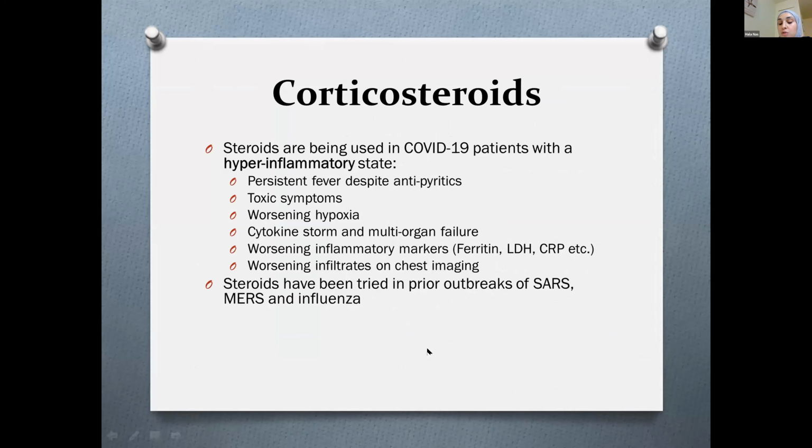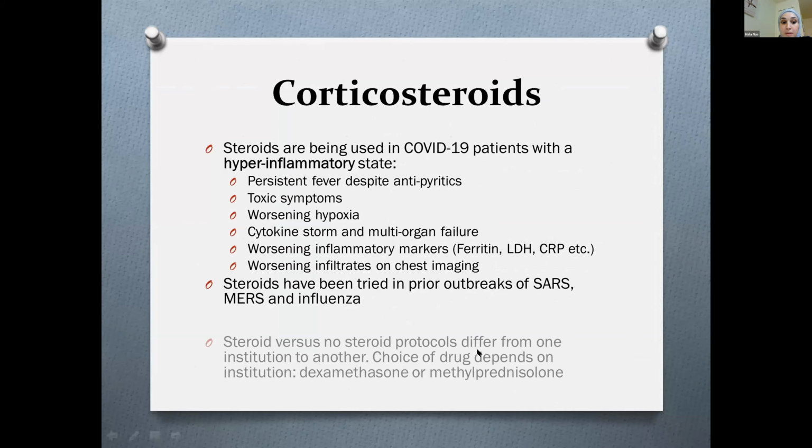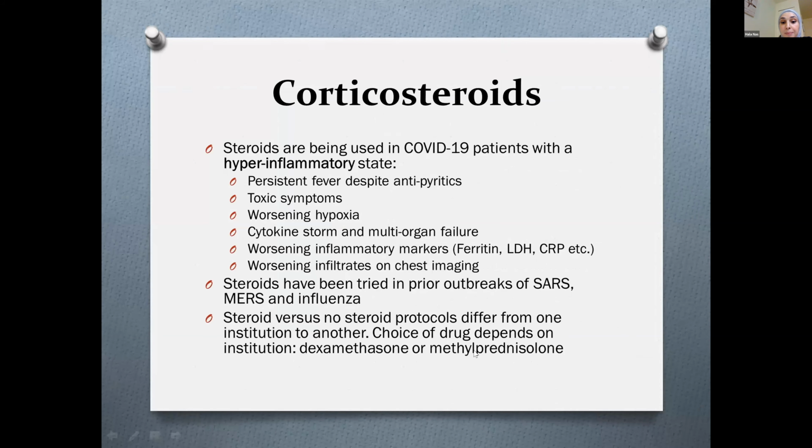So steroids have been tried in prior outbreaks of coronaviruses like SARS and MERS, and have even been tried in influenza, and we'll talk about that later. It differs between institutions. Some use steroids, some are absolutely against steroids. For Michigan, I know the University of Michigan was absolutely no on the use of steroids for coronavirus.